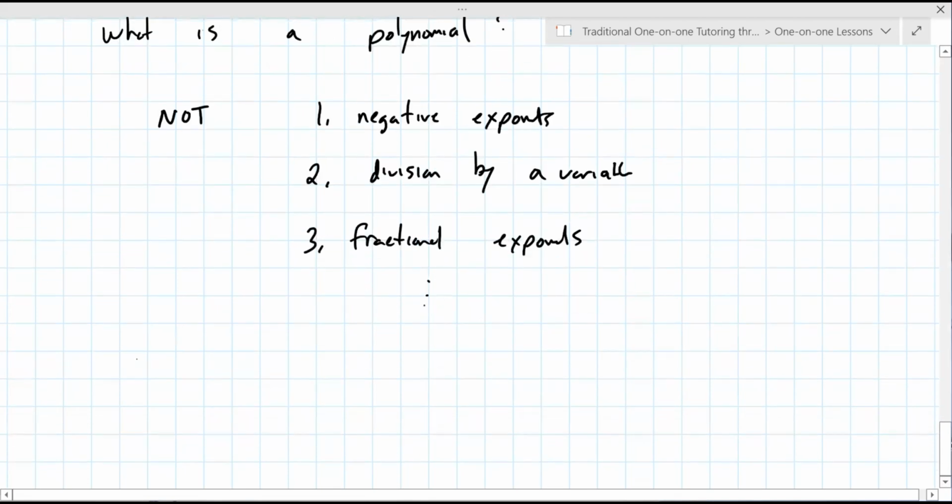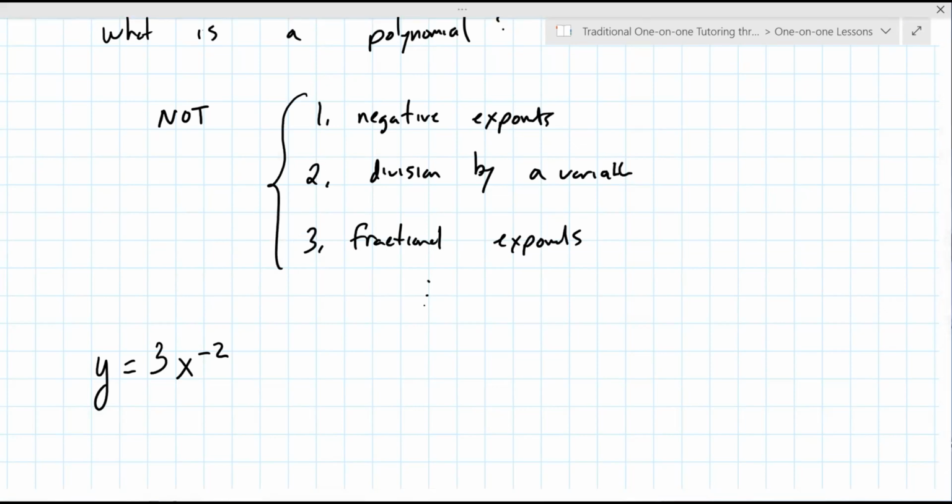So let me give you some examples here of things that are not polynomials. So let's say y equals x to the -2 power. Why is that not a polynomial? There's no numbers next to the letters. No, okay, so I'll put one there, 3x to the -2. Your answer should be one of these three: negative exponent, division by a variable, or fractional exponent.